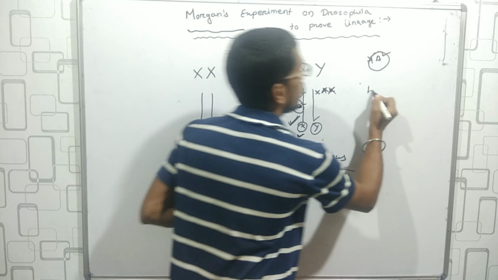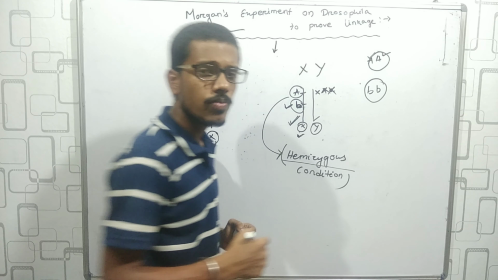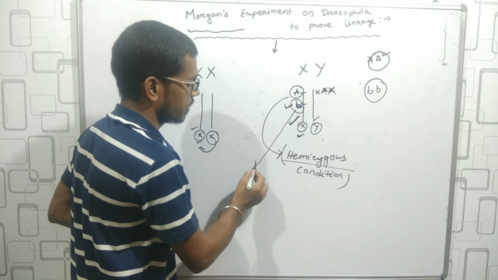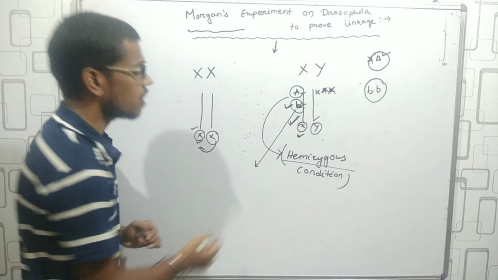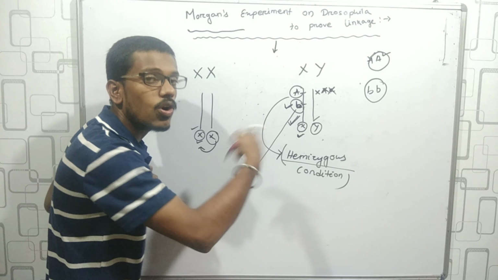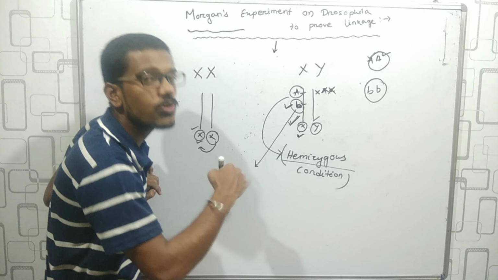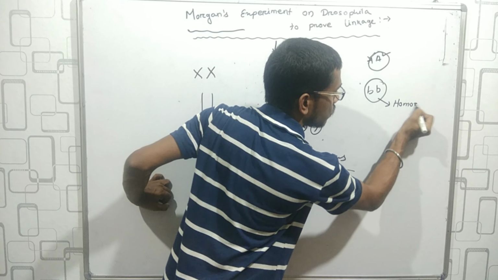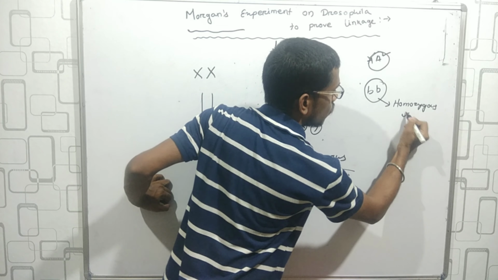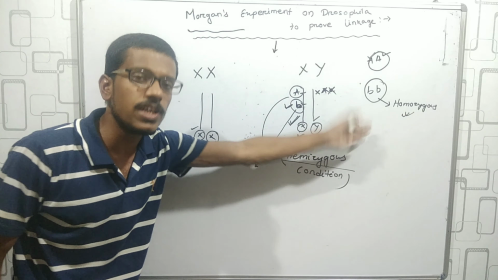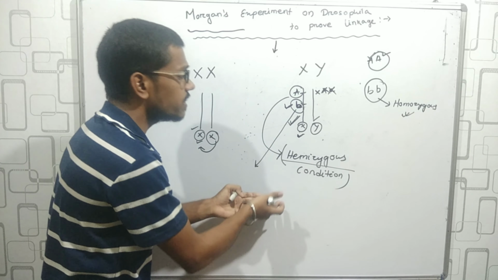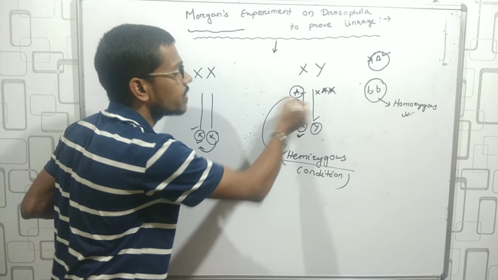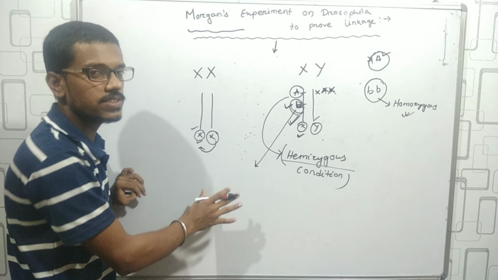But here, this recessive gene has the ability to express in the unpaired or heterozygous condition. Only one copy will be there, but that B gene is also expressed here.